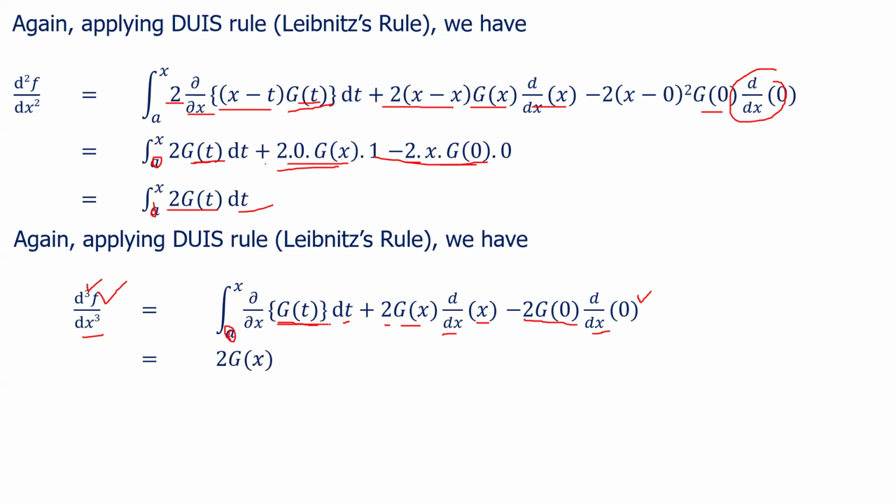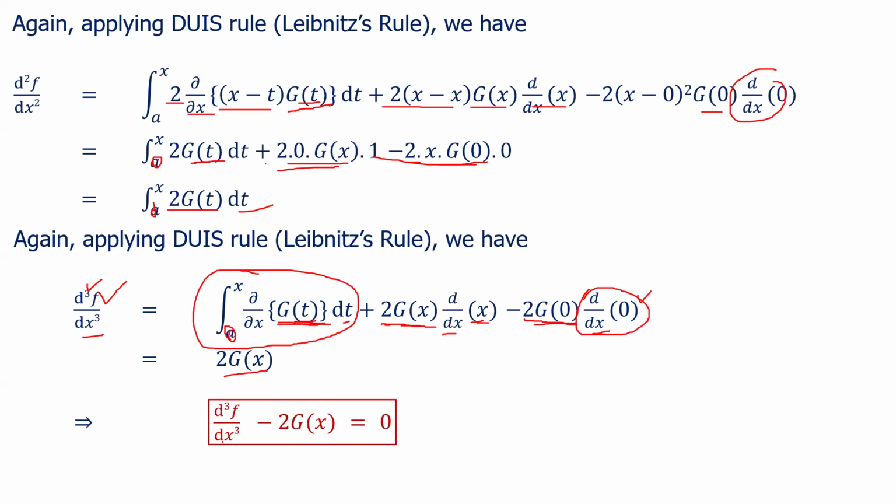Now the derivative of g(t), because it is free from x, will become 0. So this whole part becomes 0. So we have 2 times g(x), the derivative of x is 1, minus 2 times g(0), the derivative of 0 with respect to x is 0. So we have d³f/dx³; replacing this to the left-hand side, minus 2 times g(x) is equal to 0. This is the desired result, hence proved. Thank you.